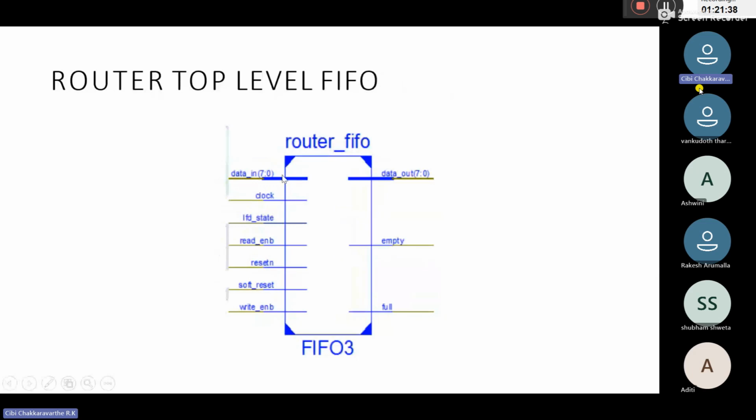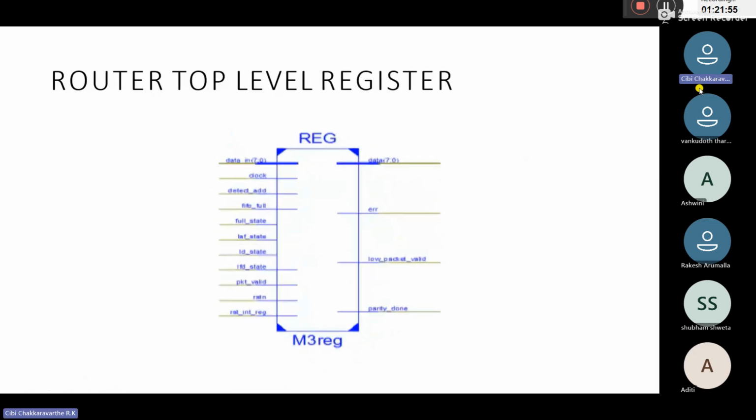This will contain the actual data because our FIFO is going to pass the data to the destination. Where is this 8-bit data input of the FIFO coming from? It is coming from this register. This register is giving the data.